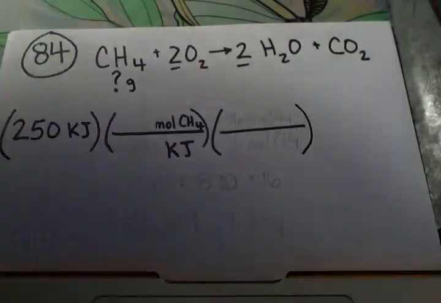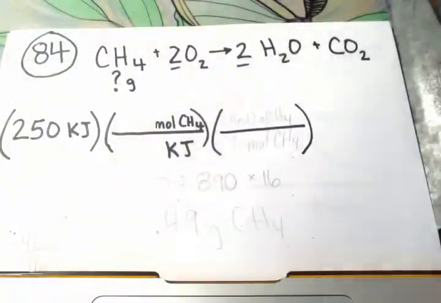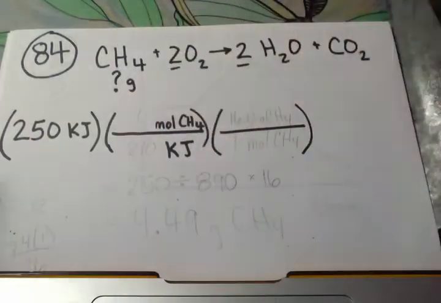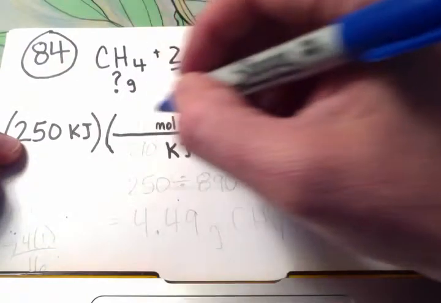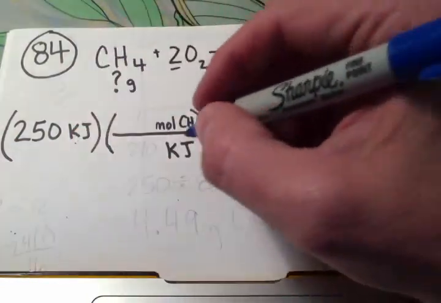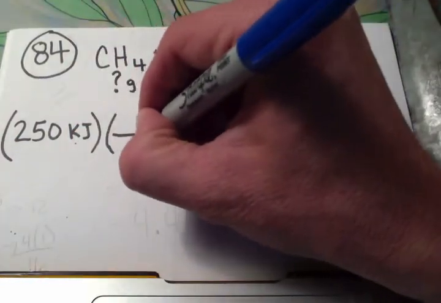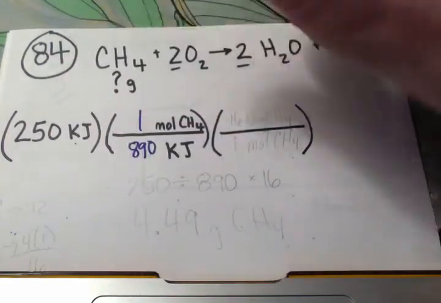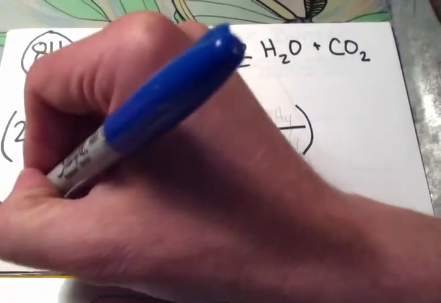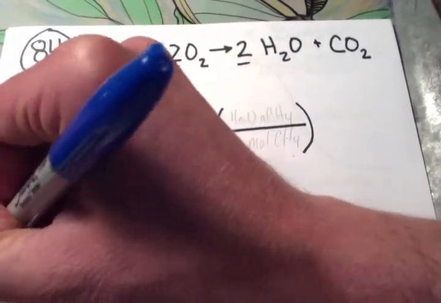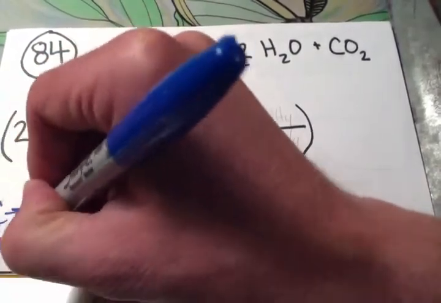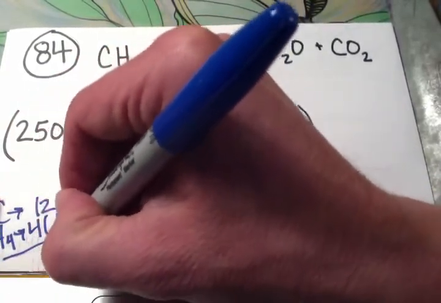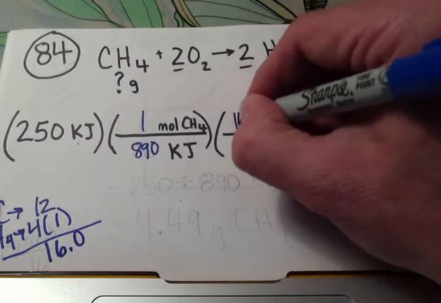Okay, keep going here. Same kind of idea here on this one. This is going to be grams, and you're given, once again, that delta H. But please remember that delta H amount of kilojoules is for 1 mole. A mole of methane is a carbon and a mole of methane is 16.